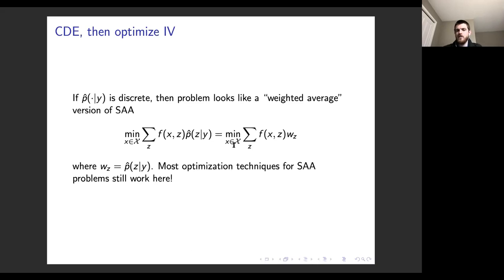So instead of everything in the training set being weighted equally, the elements of the training set get weighted by probabilities. And so even though it's not exactly sample average approximation, most of the optimization techniques for sample average approximation don't really rely on those weights being equal. And so they still work here.